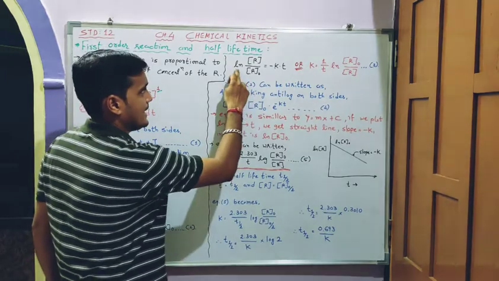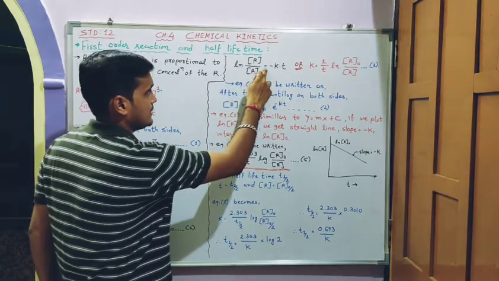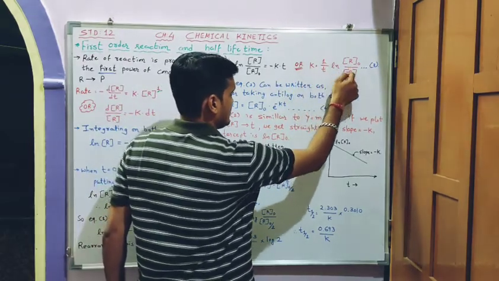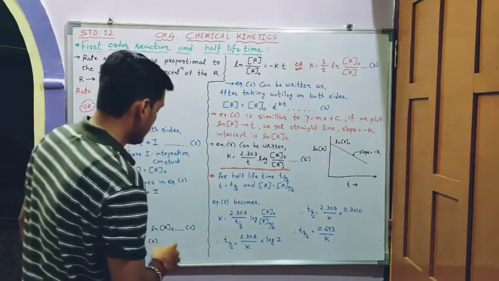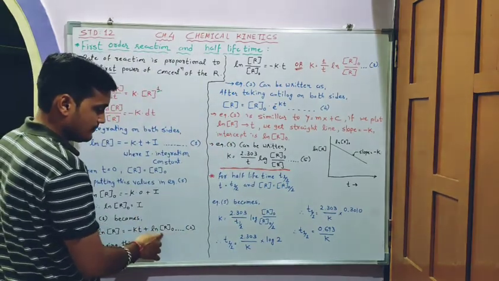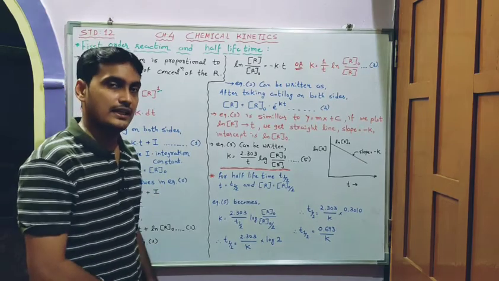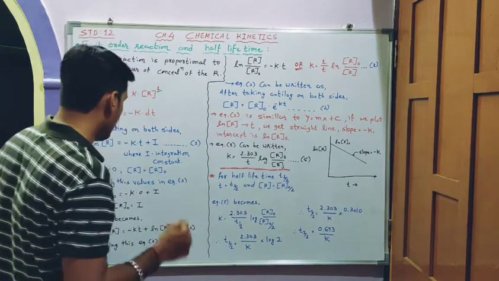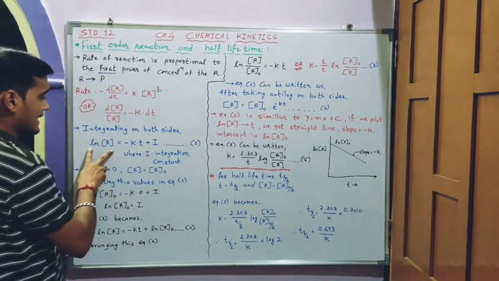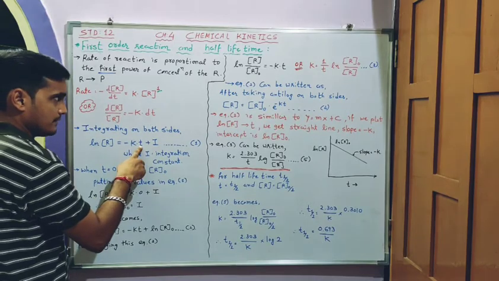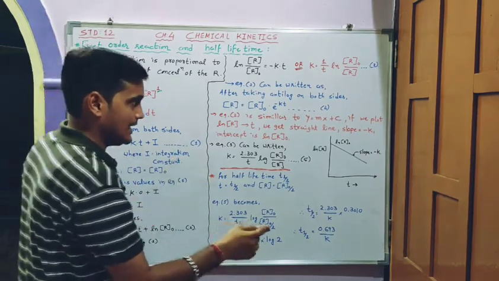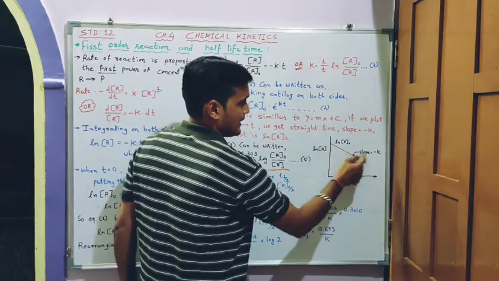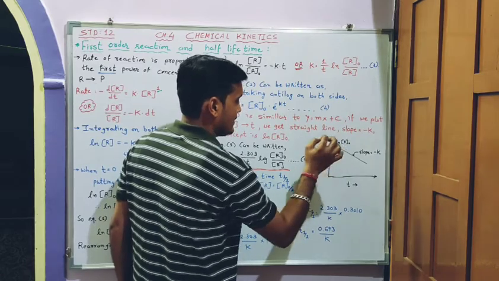So we will get ln R upon R0 is equal to minus kt, or you can say k is equal to 1 upon t ln R0 by R. This equation number 2 is again compared with the straight line equation as before, y is equal to mx plus c, and when we plot the graph of ln R against t, we get a straight line, with slope minus k and intercept ln R0.